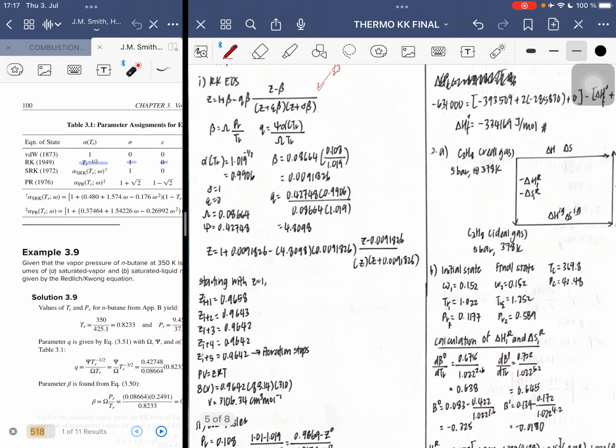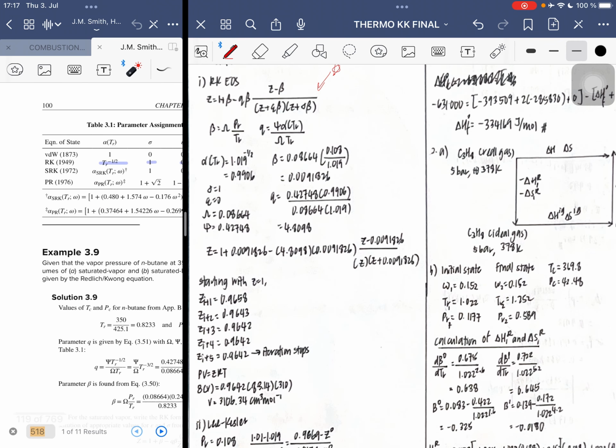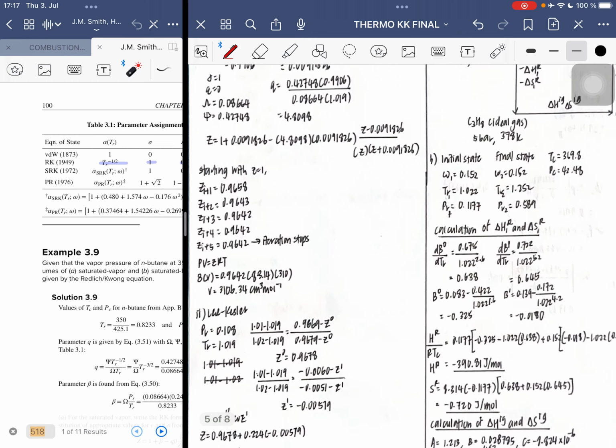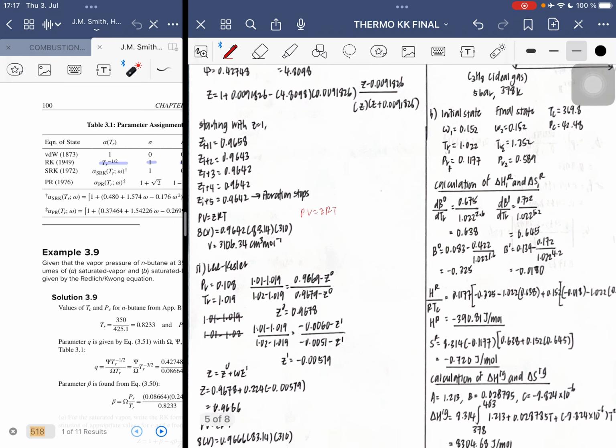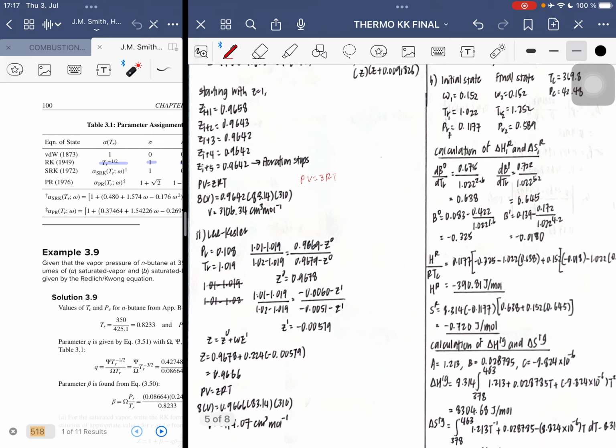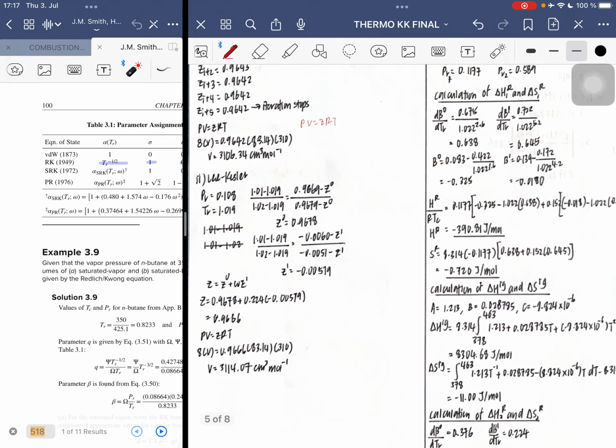Then you have to do iteration, because you need to assume Z starting value as 1, and iterate until you get a constant value. Here I get 0.9642, and then I substitute into the equation PV equals ZRT. Z you obtain from here, and then V is just algebra.